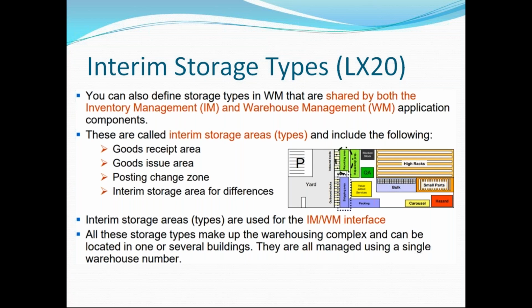Over here we pick the material from the bin, so we are doing some movements in the WM. These WM movements have to be linked with the IM movement as well. So in order to have that linking between the IM and WM for the goods issue process, we have the goods issue area.